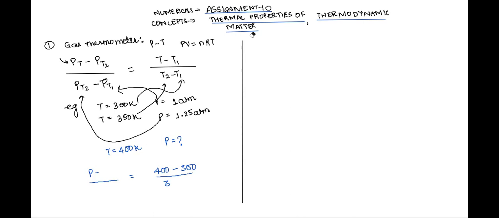So we'll write the pressures, pardon me, over here. So the pressure is 1 atm, right? And here the pressure was 1.25 minus 1, and here you'll get 350 minus 300.